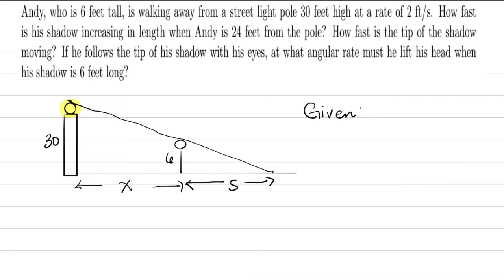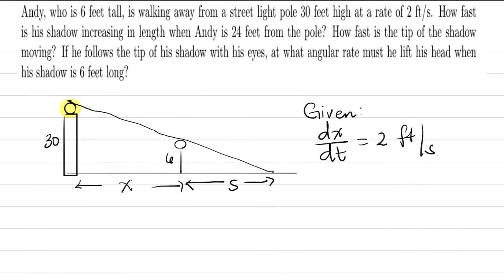So what do we know about the problem? We know that Andy is walking away at a rate of 2 feet per second. So that means the change in x with respect to t is equal to 2 feet per second.